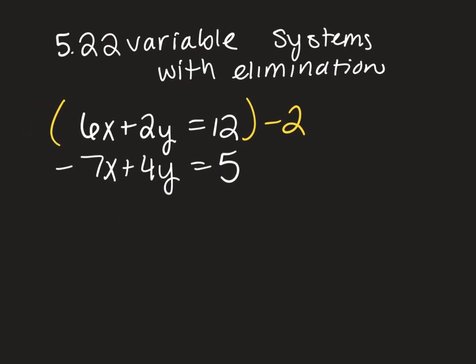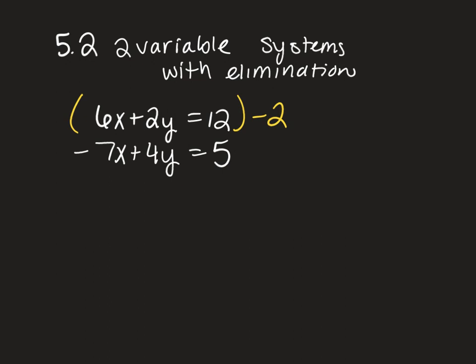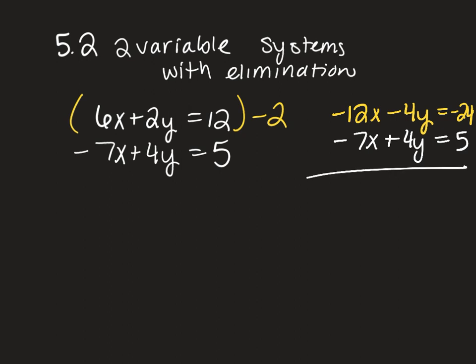Okay. So that will give me negative 12x minus 4y equals negative 24. Then I'm just going to bring over my negative 7x plus 4y equals 5. We're going to add our equations together.